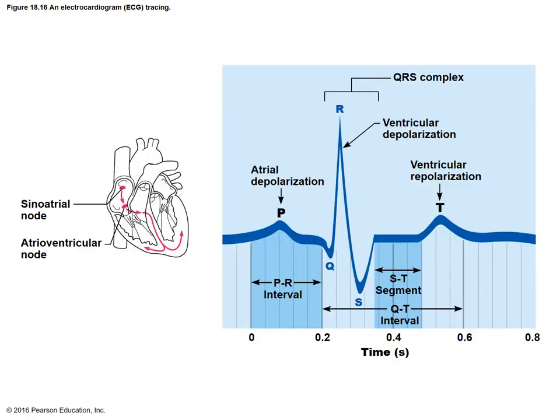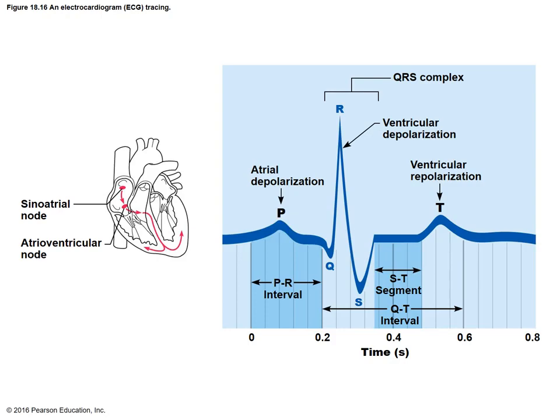So if we look at a classic normal EKG tracing pattern, as you would see printed out, if we start from time 0, that first little peak, little blip, that's the P wave. That's when the atria are depolarizing.